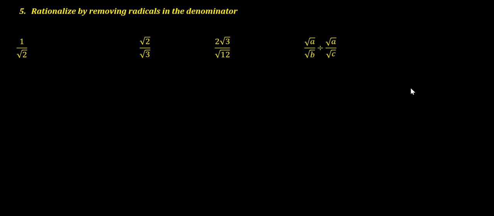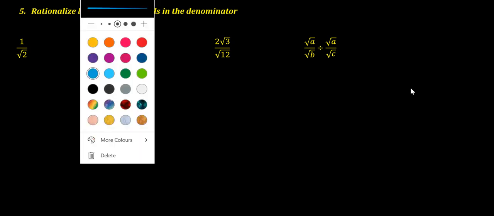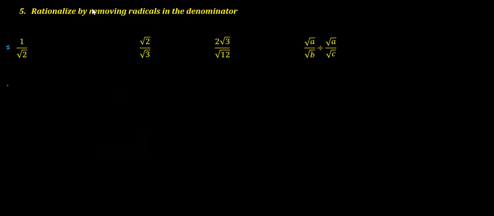So you would never see an answer in the back of a textbook 1 over root 2. They'd always rationalise the denominator. Okay, so hopefully you've done that now. So let's write that down again. So we multiply numerator and denominator by root 2 to get root 2 over 2.